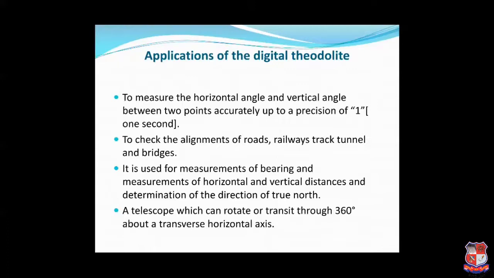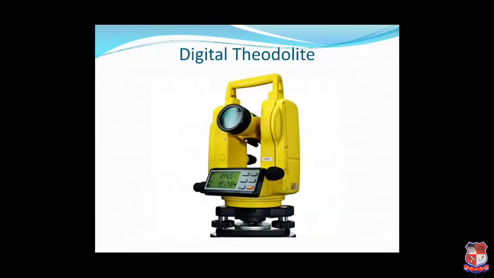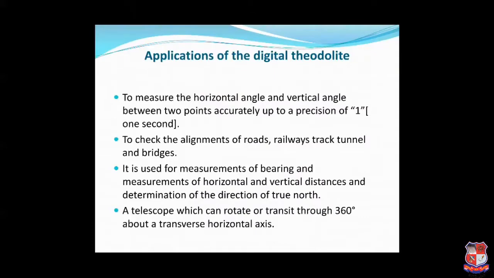It is also used for measurement of bearings, measurement of horizontal and vertical distance, and determination of the direction of true north. As you saw in the earlier figure, this is the telescope of the digital theodolite.